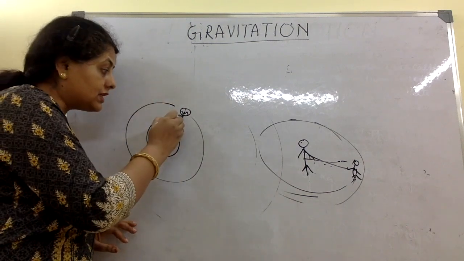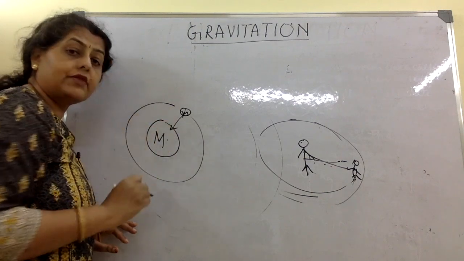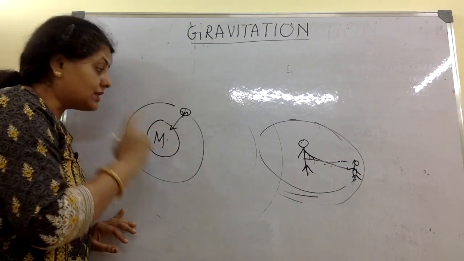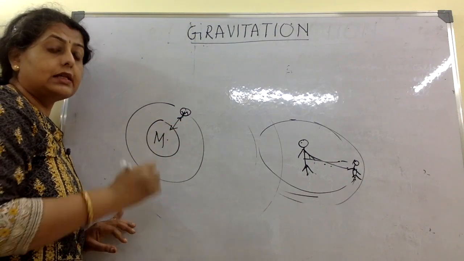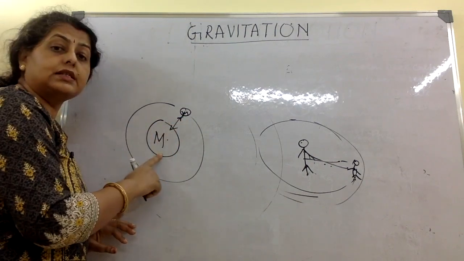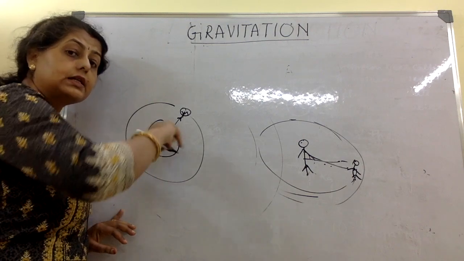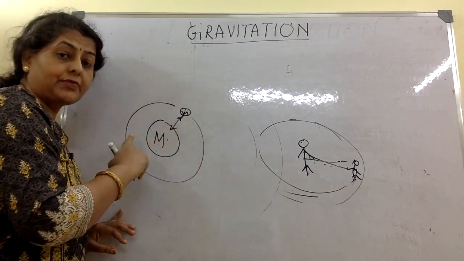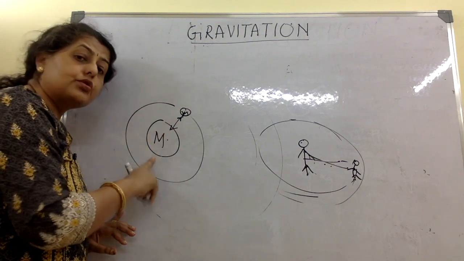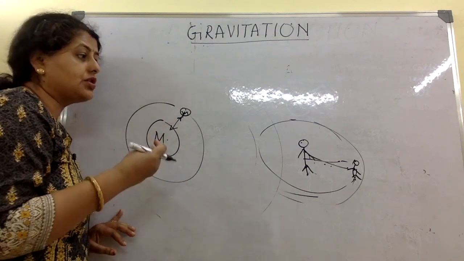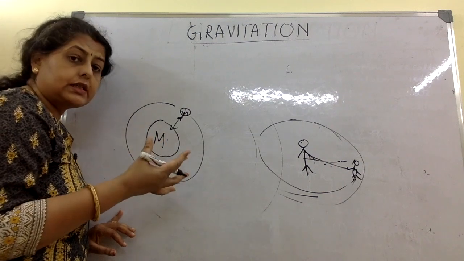The moon doesn't come and stick to us, because it is also pulling the earth. But since the earth is bigger, the earth wins and is able to take the moon around it in a circular orbit. So again, gravitation. We get to see gravitation in so many different cases.